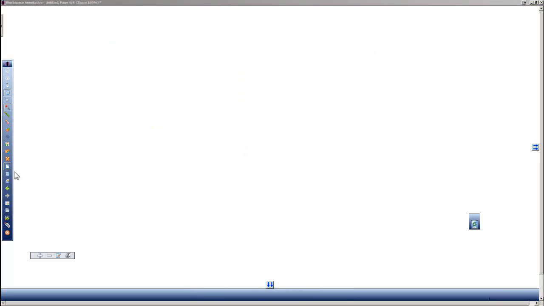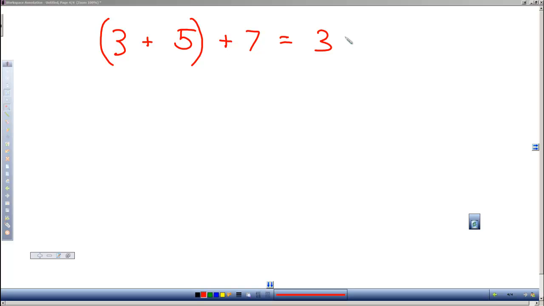Similar to it, we have an associative law, and the associative law basically says, let's use first a regular math expression. If I had 3 plus 5 plus 7, or if I did it this way, 3 plus 5 in parentheses plus 7, that would be the same as 3 plus, in parentheses, 5 plus 7.